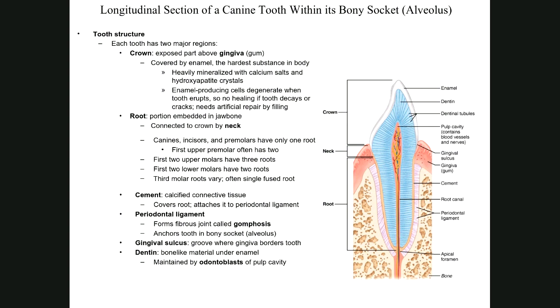The tissue that covers the root is called cementum. It's calcified connective tissue. It is attached to the periodontal ligament.